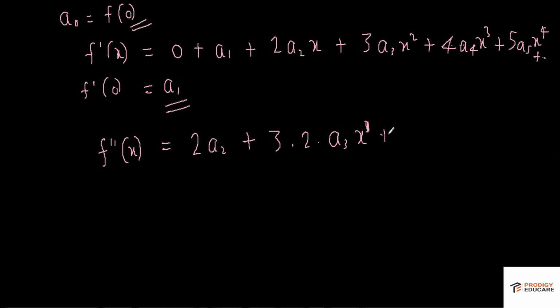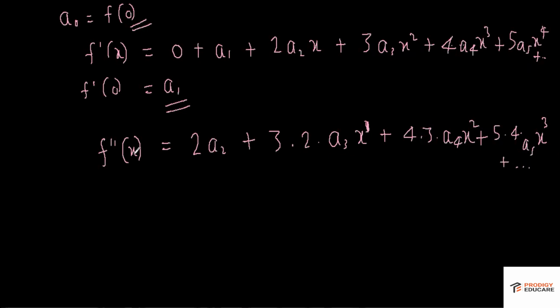Perfect. Plus, when I differentiate this term, I'll get 4 times 3 times a4 x square, plus when I differentiate this term, I'll get 5 times 4 times a5 x cube plus so on, many terms.